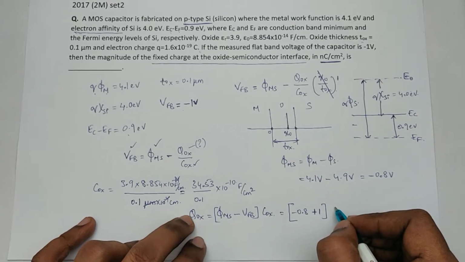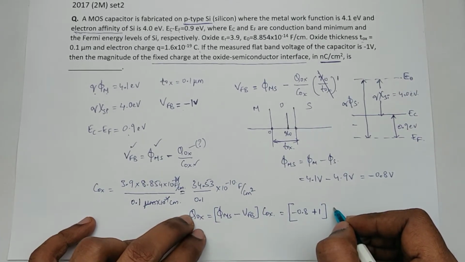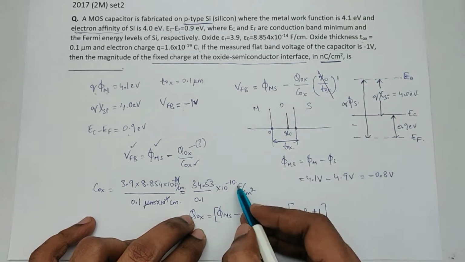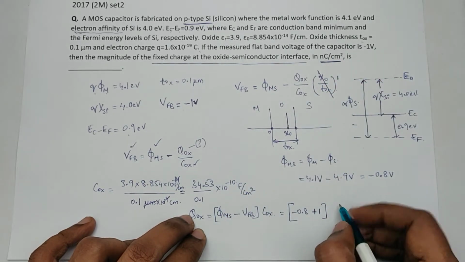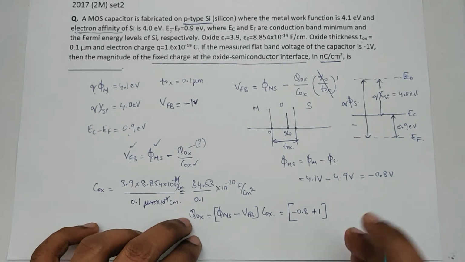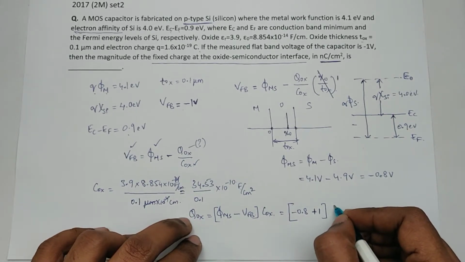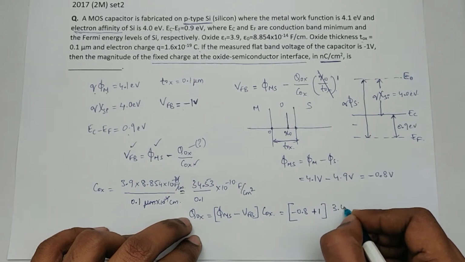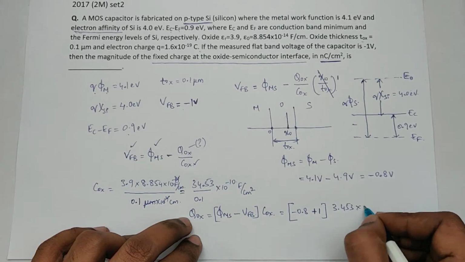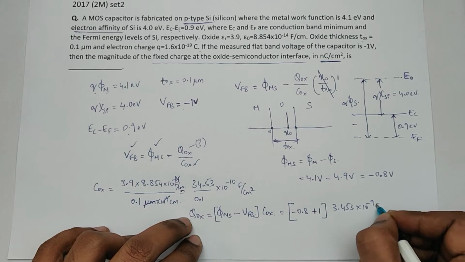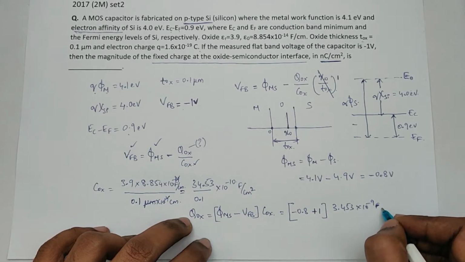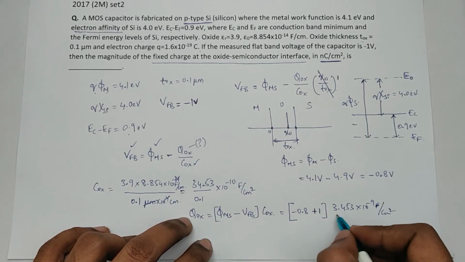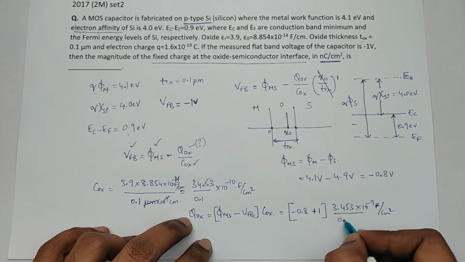Let's convert this into nano directly: 3.453 times 10 power minus 9 per centimeter square, divided by 0.1.